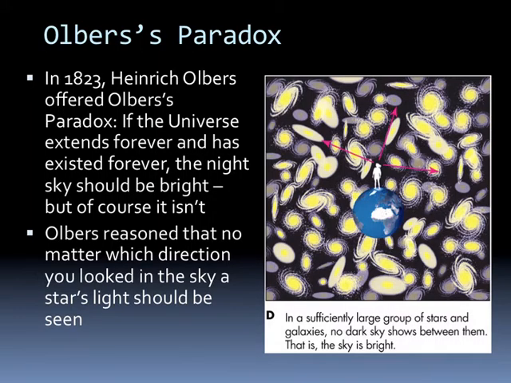If I have an infinitely old universe, and it goes on and on forever, then eventually, no matter where you look, there should be a star, and the light from that star should be coming towards us. So the sky should be completely bright with stars. We don't see that. Therefore, we know the universe cannot extend forever and have existed forever.